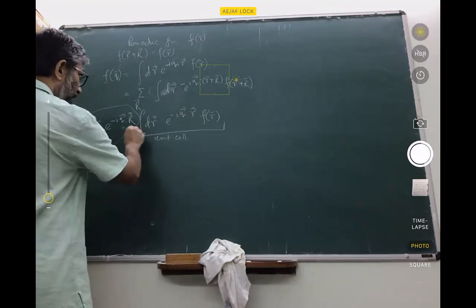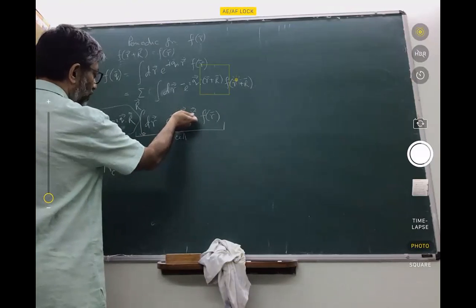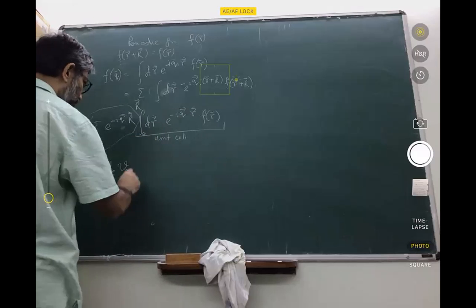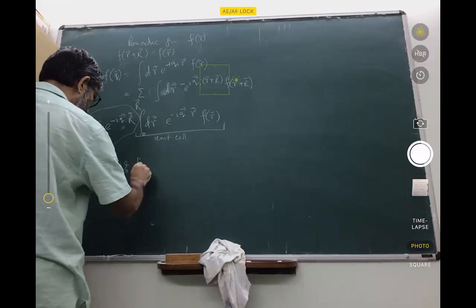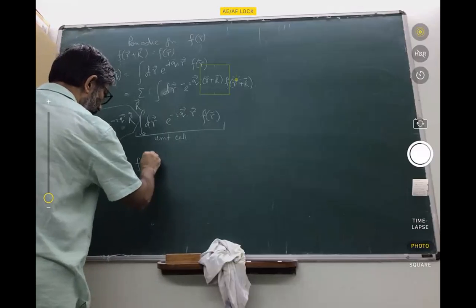Now q is G, and this is what I define as f of G, with a delta q,G.